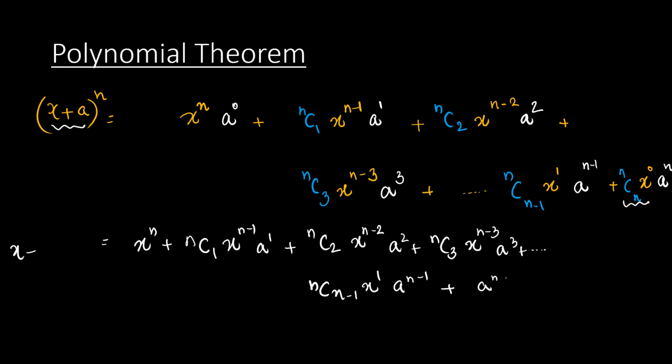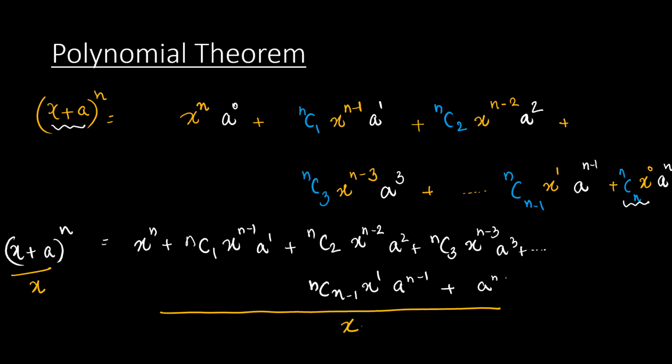This is x plus a whole raised to n. Now if we divide all these by x, what would be the remainder of this expression when x plus a whole raised to n is divided by x? This is what the polynomial theorem says.